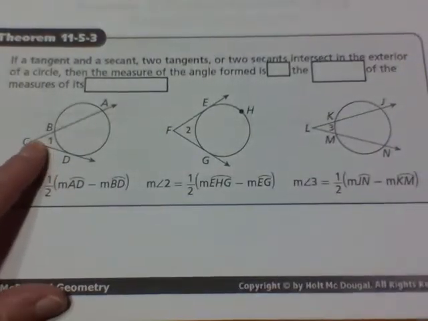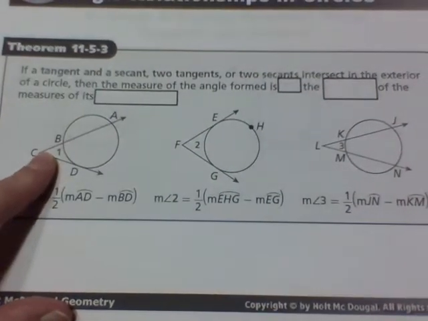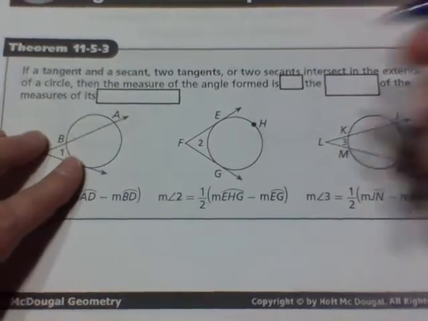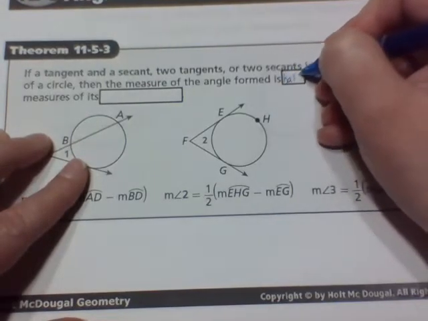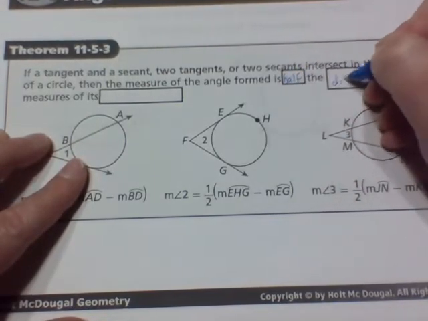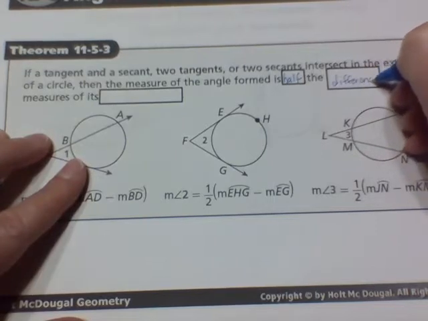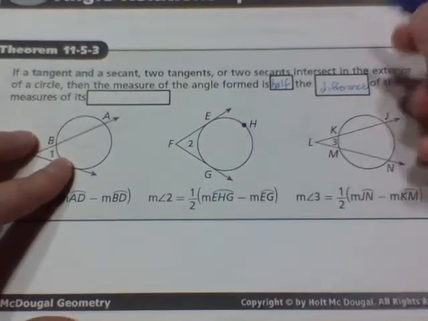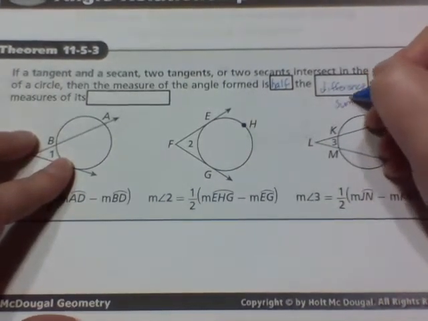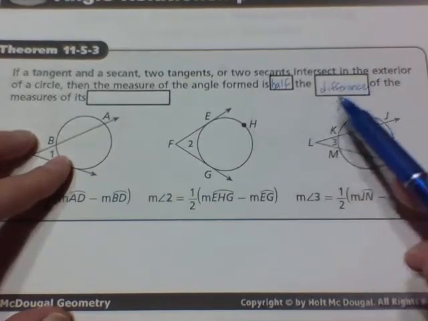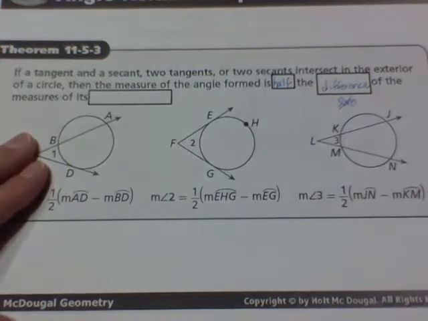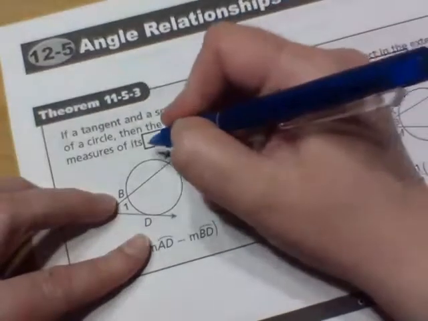Well, now we're talking about meeting on the outside here. So they have this exterior point, then the measure of the angle formed is half the difference. So instead of the sum from the last time, we are now talking about subtracting them. So half the difference of the measures of its intercepted arcs.